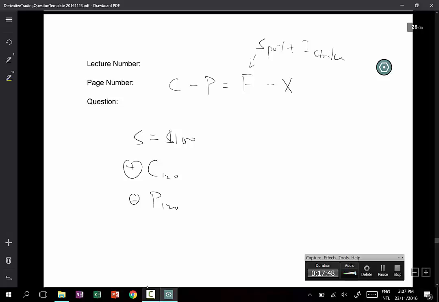Now I'm willing to bet that the delta of this one may be 2, and then the other one will be a delta of 98. They have to add up to 100, they must, because you are long call short put. Put call parity means you are long the underlying.